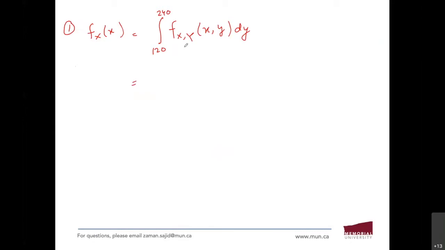Now this we found in the previous question, in lecture number 10, it was 1 over 240, and we just integrated from 120 to 240 times dy. So once you solve it, you will get 1 by 2.